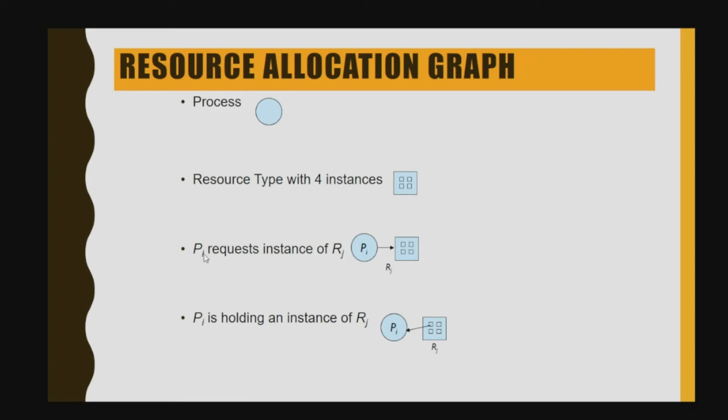The arrow from P to R means the process requests the resource. When the arrow goes from the resource to the process, it means this instance of the resource is held by P. That is how we draw the resource allocation graph.